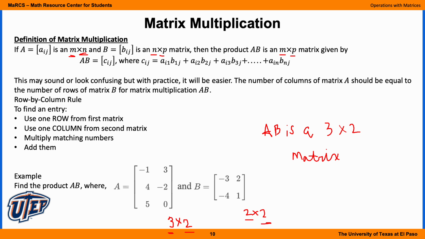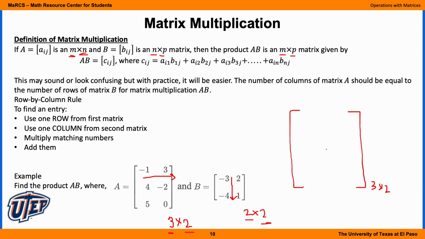So now for the process. To find an entry, we will use one row from the first matrix, so we'll use this row from matrix A, and one column from the second matrix, so the first column from matrix B. Then we will multiply matching numbers, so we will do -1 times -3, and 3 times -4, and then we will add them. So -1 times -3 is +3, plus 3 times -4 is -12.